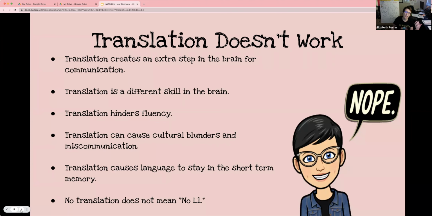Now, when I say no translation, it doesn't mean no L1. I use L1, for example, at the lower levels to talk about culture, to have deep discussions about cultural identity and global citizenship. You know, places where I want students to have a deeper understanding of something, we will use English. I will ask students to retell or interpret. That's different than translating.